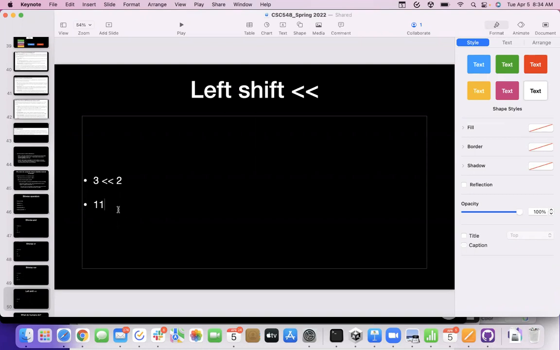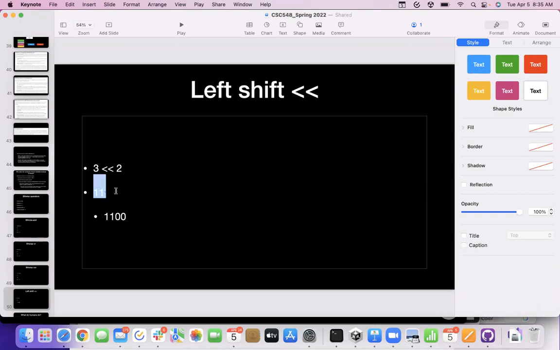Now, what that means is we're going to be moving it to the left twice, which in this case is going to ultimately give us 1100. All right, because we shifted it to the left. We started off here. This one moved to the left, which brings a new 0 in here. This one moves to the left again, which brings another new 0 in there, and everything shifted along with it.